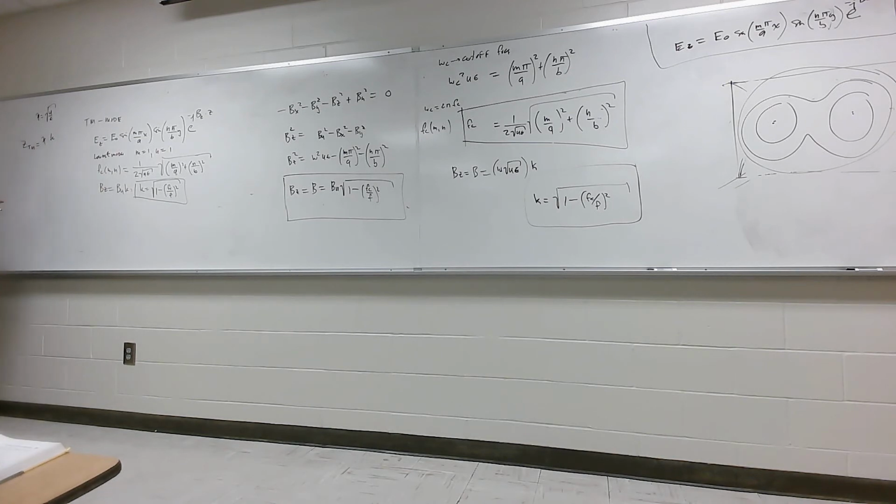Now that's the impedance. So if you wanted the ratio of EX to HY, or the ratio of EY to HX, it would be equal to Z_TM, right there. Can you all follow me on this, class? That's the waveguide impedance.